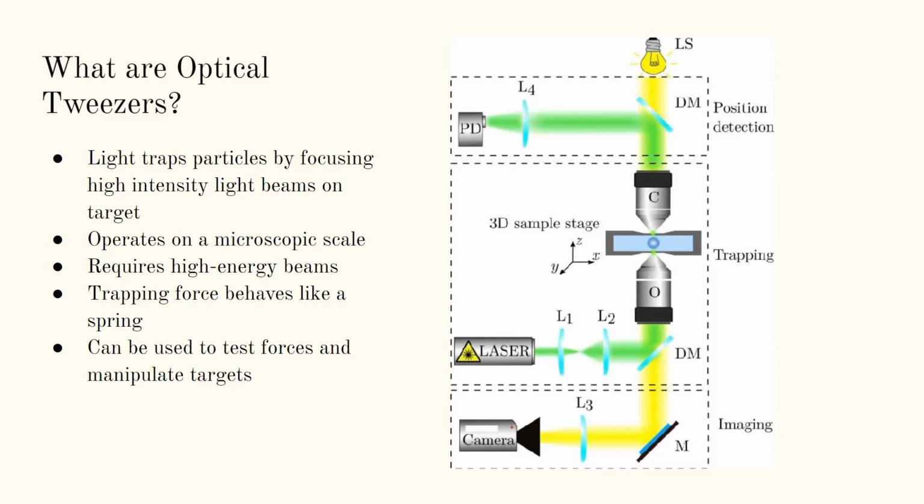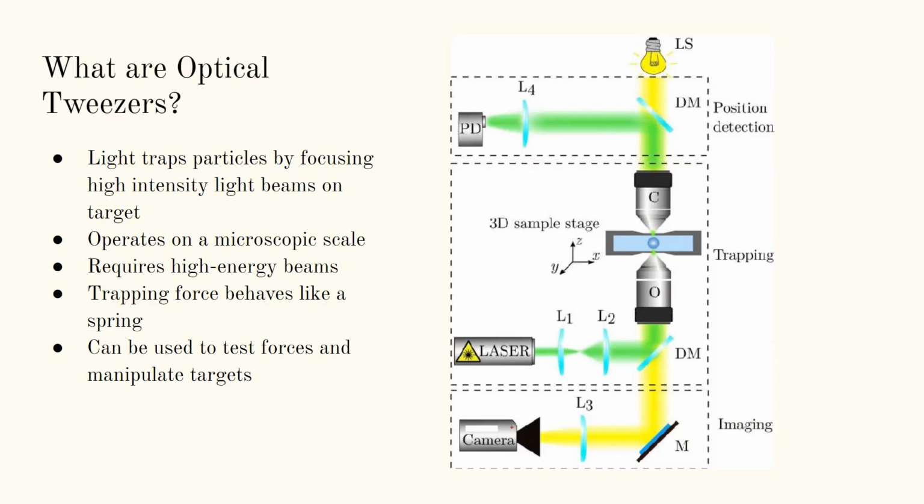Because of this, if the trapping force of the tweezers is known, then we can use tweezers to test other forces acting on our target. From a certain displacement, we know the magnitude of the trapping force acting on it. So we can match the trapping force that the target is feeling with respect to its displacement to some other force that's acting on it.